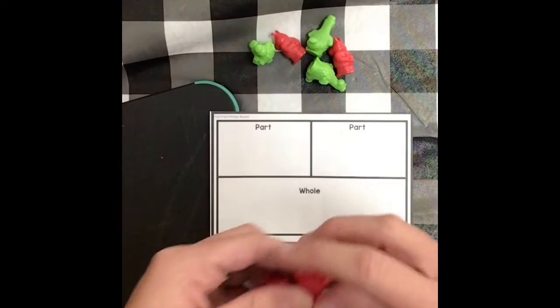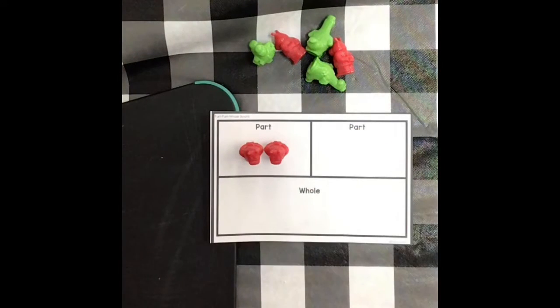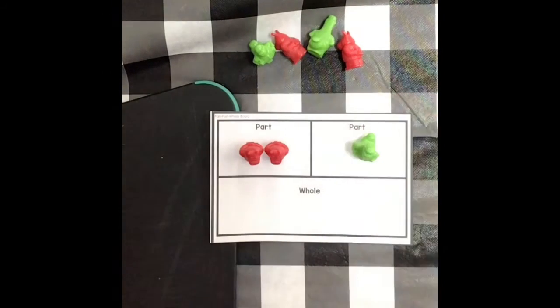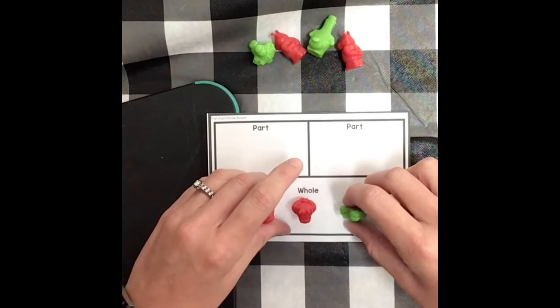Let's grab 2 little friends and put them in 1 box. Now let's grab 1 friend, put him in the other box. Now I want you to join them together in our whole box.